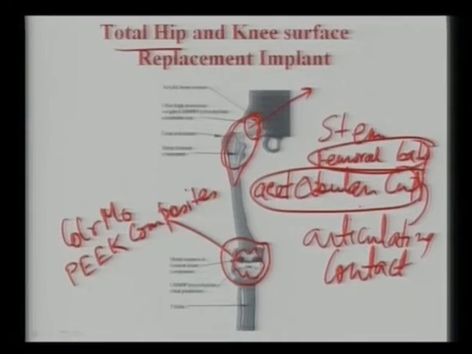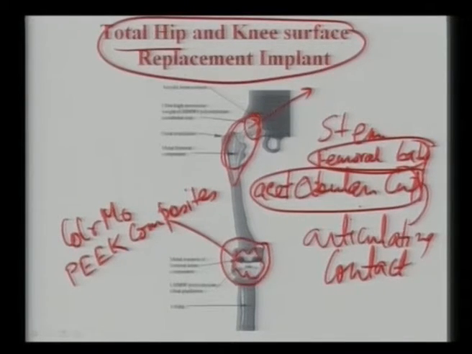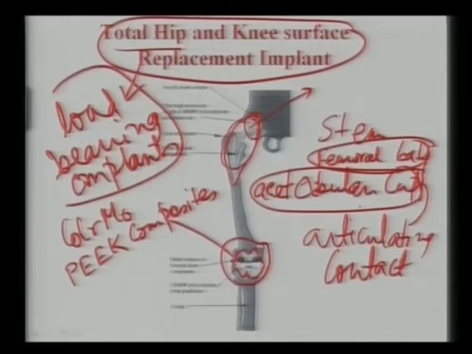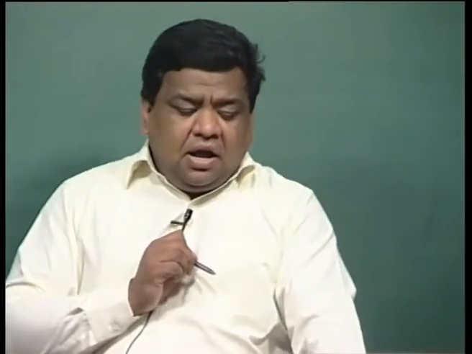So essentially, both total hip and total knee replacement are examples of the load bearing implant. Here, in addition to biocompatibility, mechanical properties are equally important in both the cases of total hip and total knee replacement.